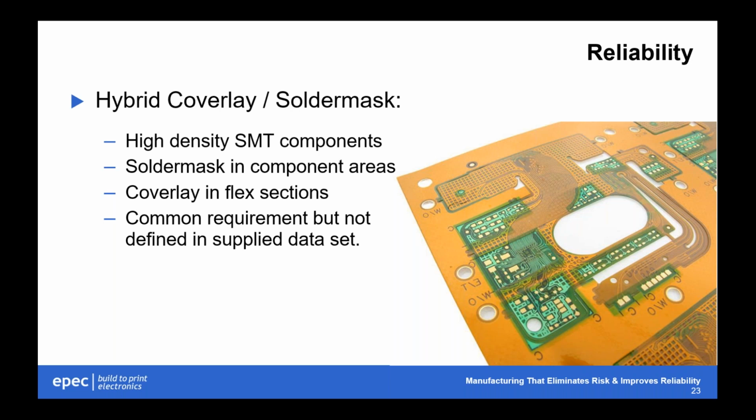So a very common solution in the industry is to use a hybrid construction of coverlay and solder mask within a given design. You'll utilize the solder mask in the component areas to give us the definition for the surface mount components that we need for ease of assembly, and we'll utilize coverlay in the flexible sections.